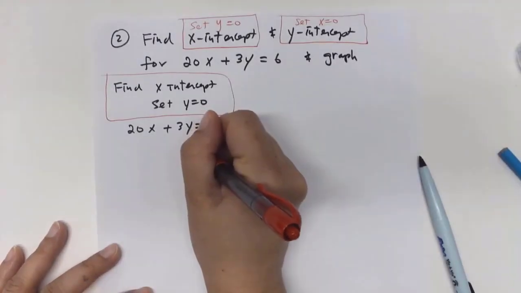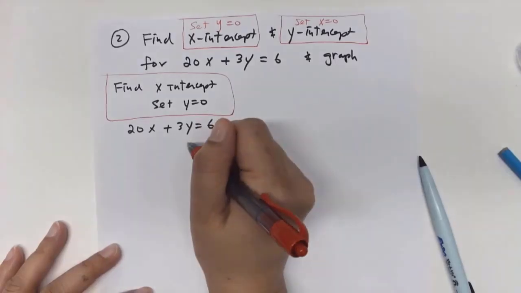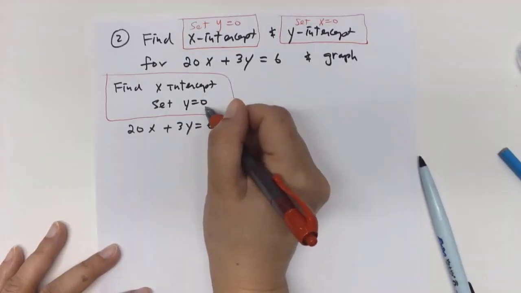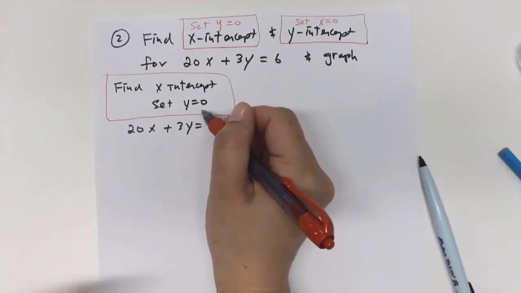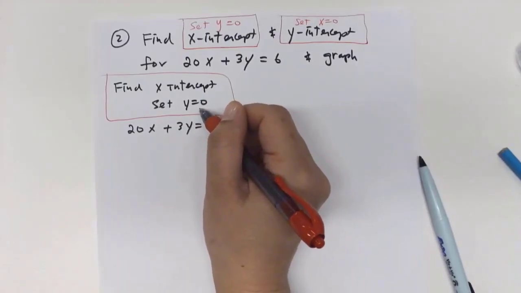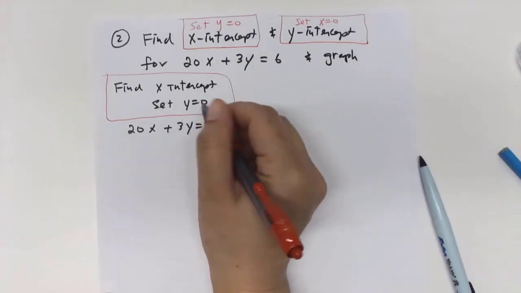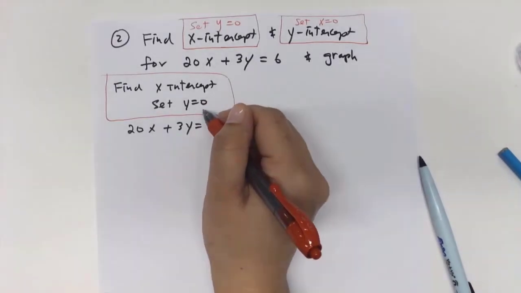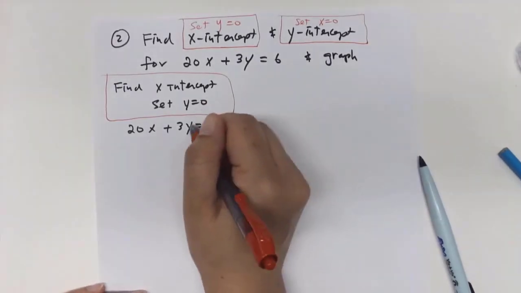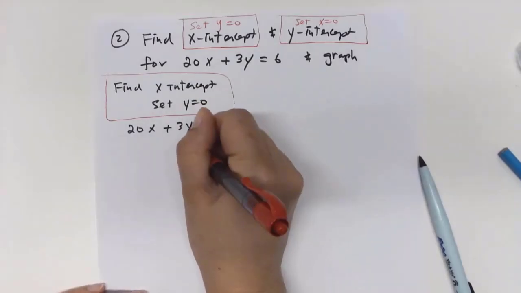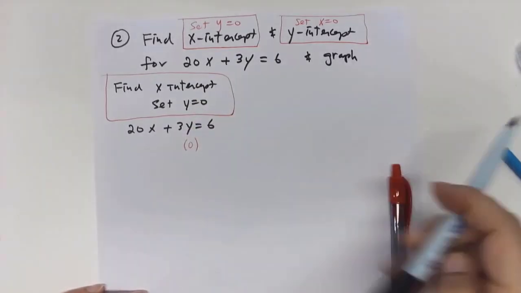Well, we're talking about x, right? Set y equal to 0. How do we set y equal to 0? Instead of y, now we have 0 here. Okay, so we're going to plug a 0 there.